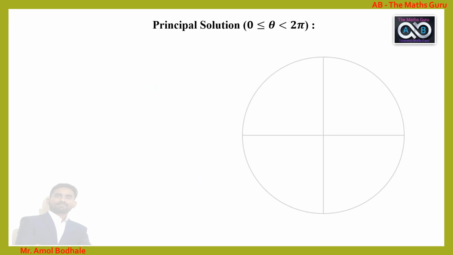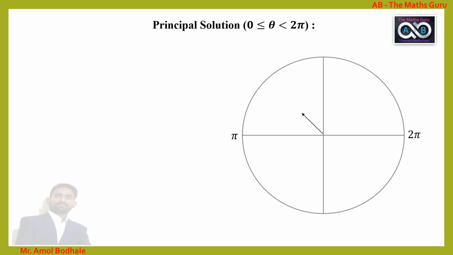Principal solutions. Now for negative values, again we will consider the coordinate system, x-axis, y-axis. This is pi and 2 pi. For a negative value there will be no solution in the first quadrant, because in the first quadrant all trigonometric functions are positive, and if the given trigonometric function is negative then it will not have any solution in the first quadrant.